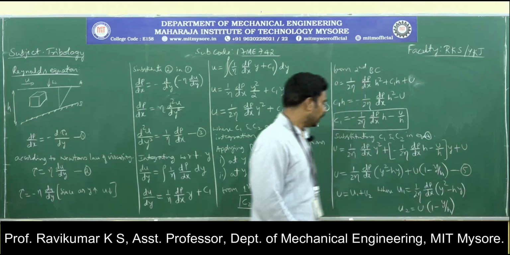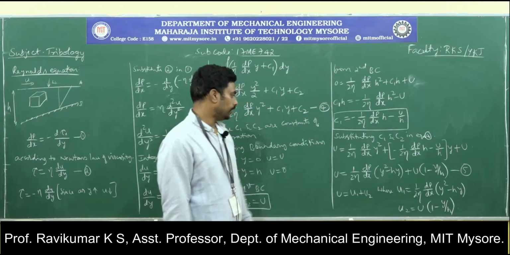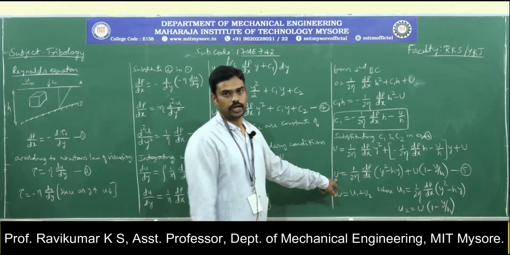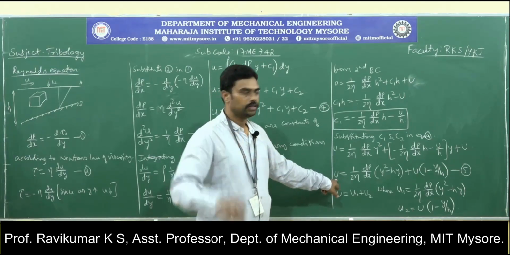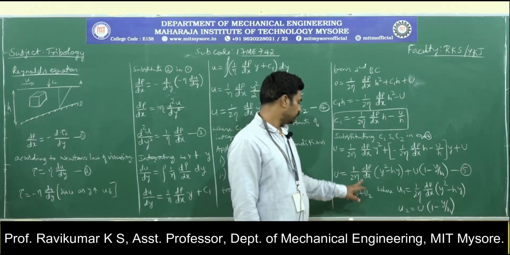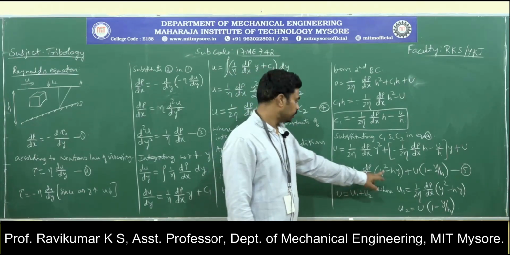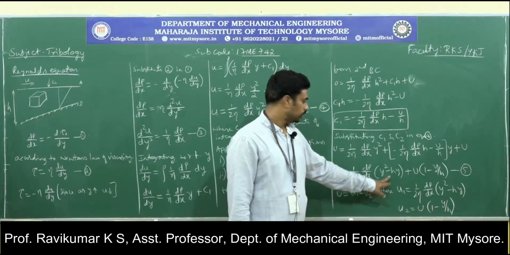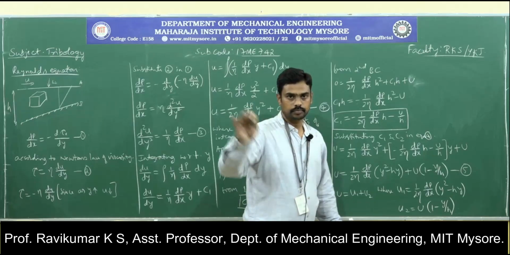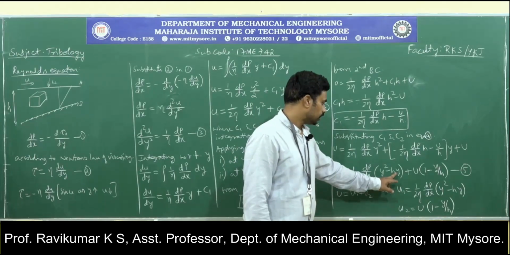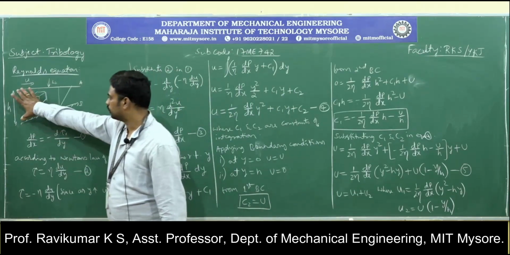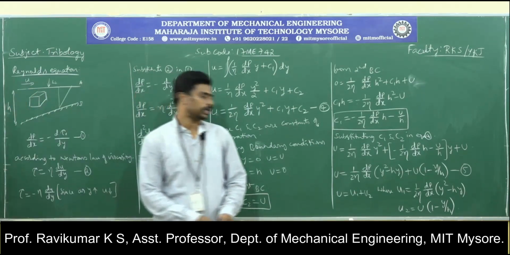If you observe equation number 5 carefully, the left hand side contains the velocity of the oil film. The right hand side contains the viscosity, the pressure gradient, then the y term, the h term, and again the velocity at the moving surface. Here h is constant, because once you select the width h, it will be constant.